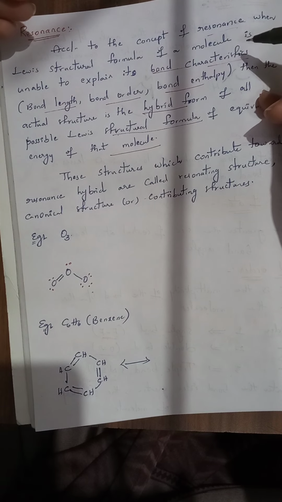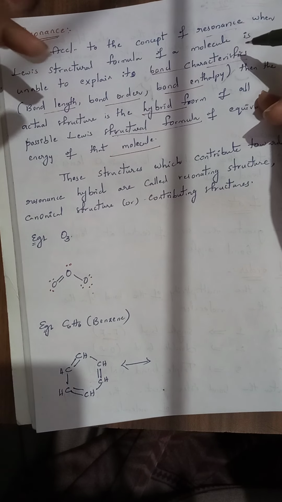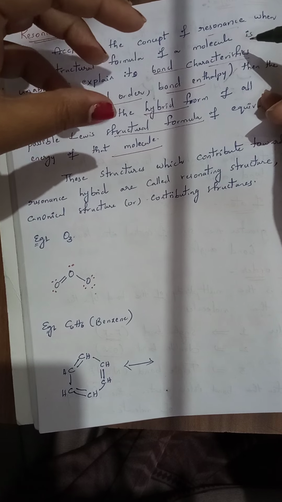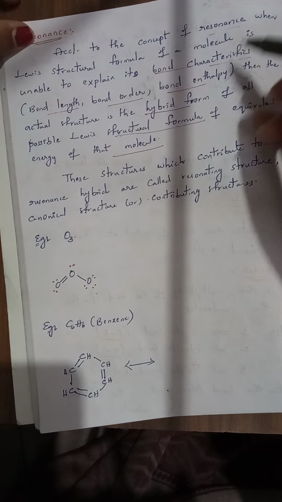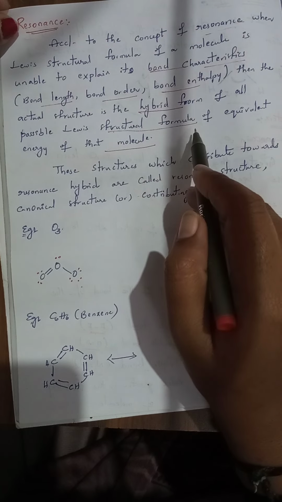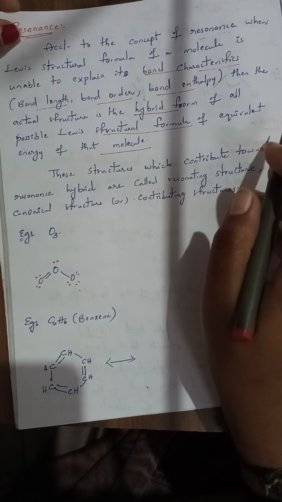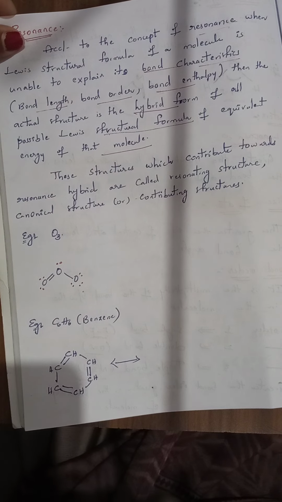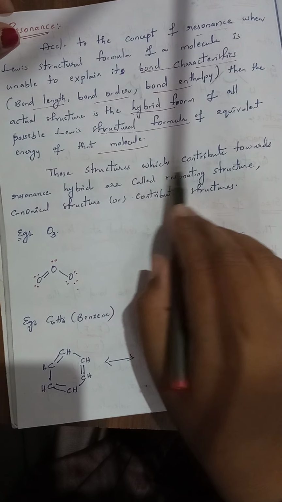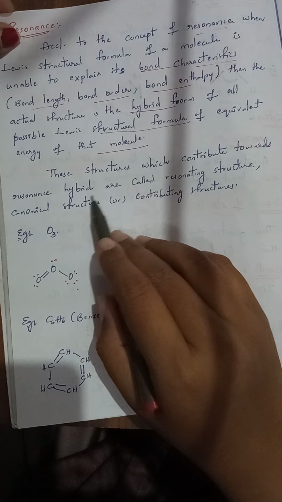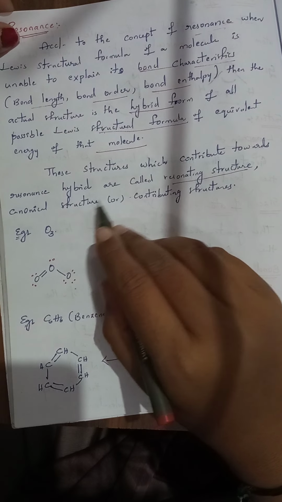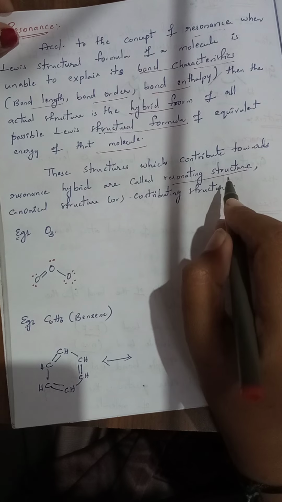So according to the resonance concept, whenever the Lewis structural formula is not able to explain all the bond characteristics, then we want to find its actual structure, which is nothing but the hybrid of all the possible Lewis structural formulas of a particular molecule. The structures which contribute towards the resonance hybrid are called resonating structures.